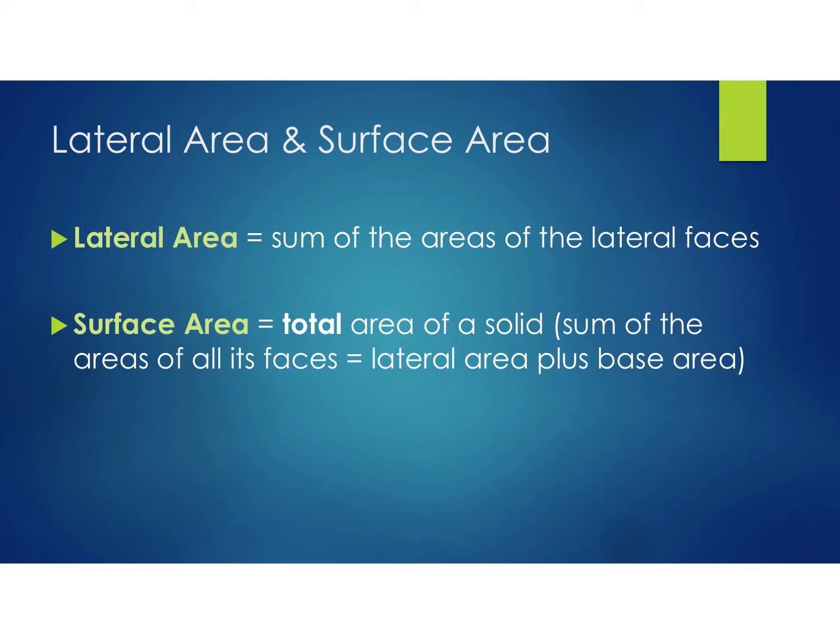Now, abbreviations that you're going to see when I'm going through the examples. For lateral area, I'm just going to refer to that as LA. And then surface area: some books call it surface area, other books call it total area, so I might refer to it as TA.